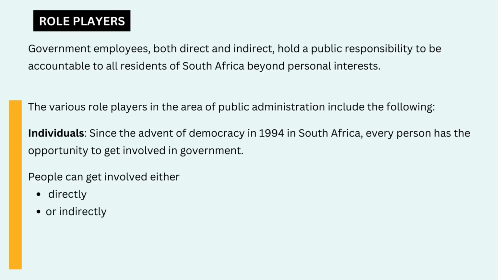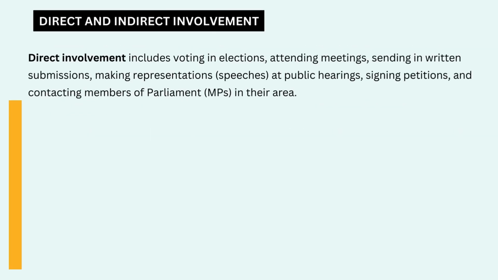People can get involved either directly or indirectly. Direct involvement includes voting in elections, attending meetings, sending in written submissions, making representations or speeches at public hearings, signing petitions, and contacting members of parliament in their area.